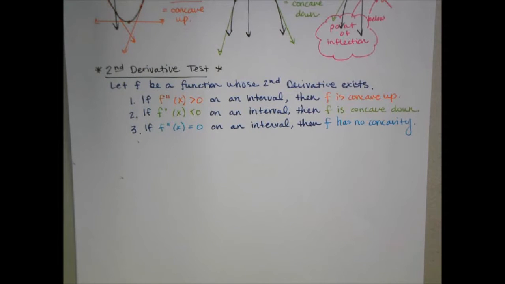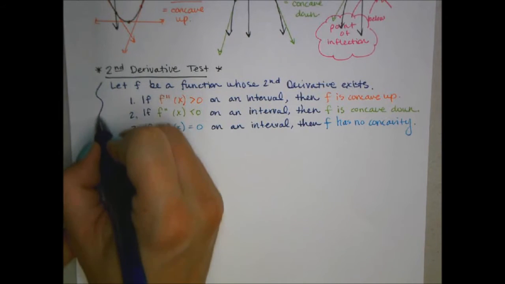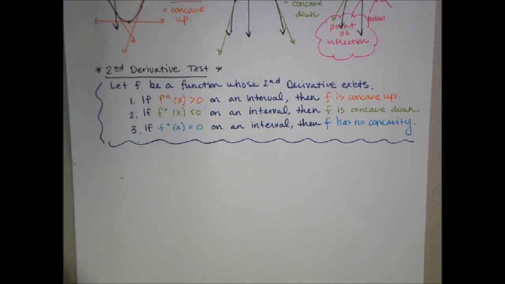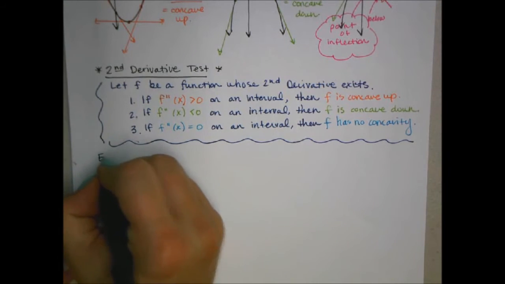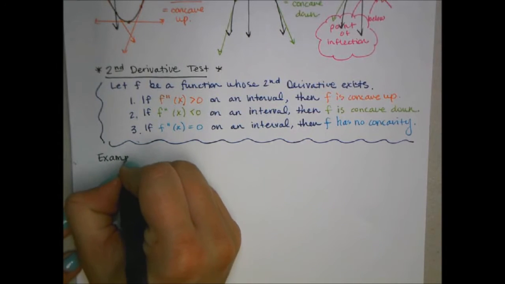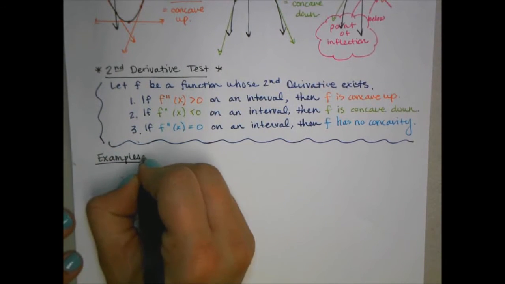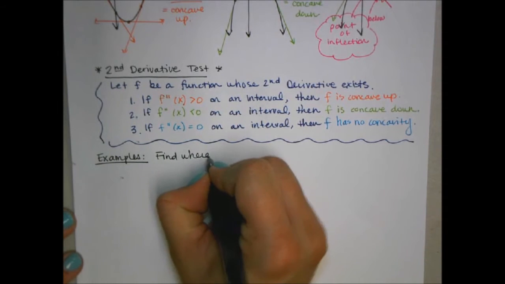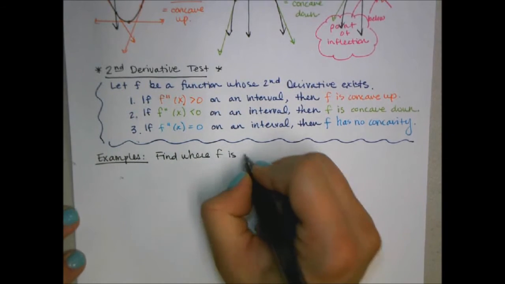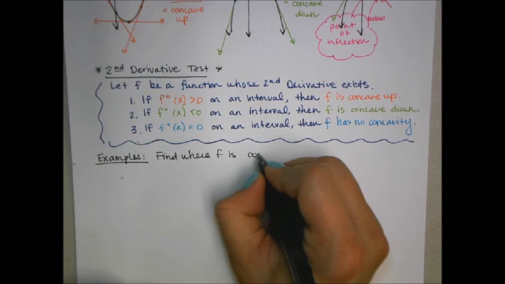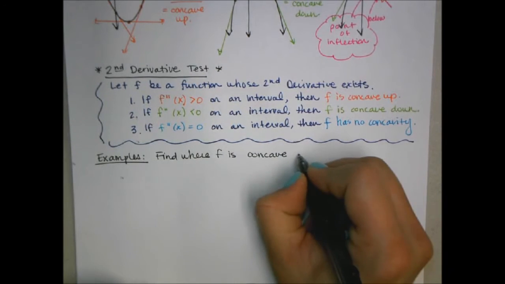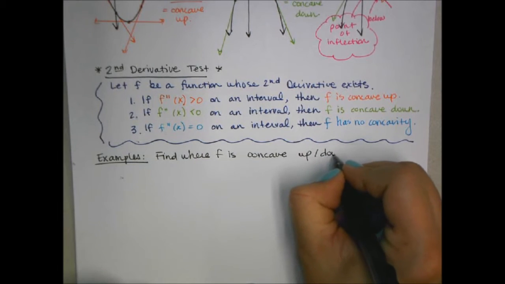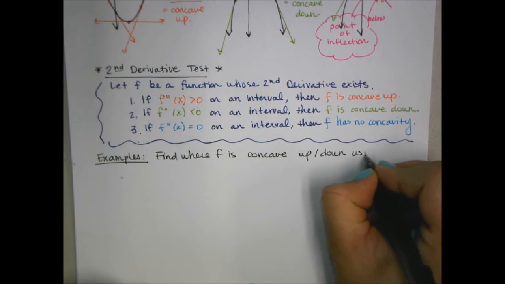We're going to look at a few examples here. We're looking for where the function is concave up or down by using the second derivative test.